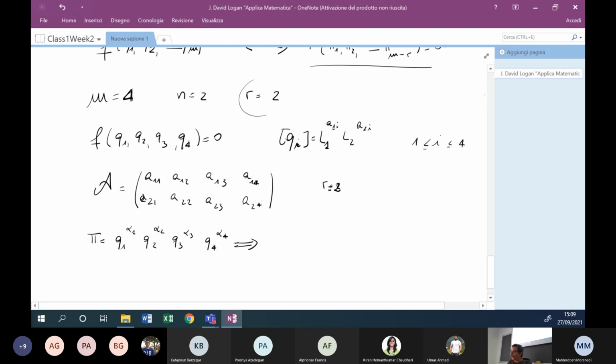The dimension of the right-hand side is going to be the product of these factors. So taking the dimension on the left-hand side and the right-hand side and equating the exponent of the corresponding L on both sides, I will find this linear system.